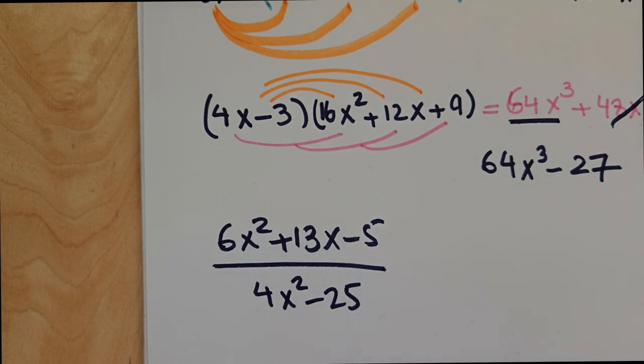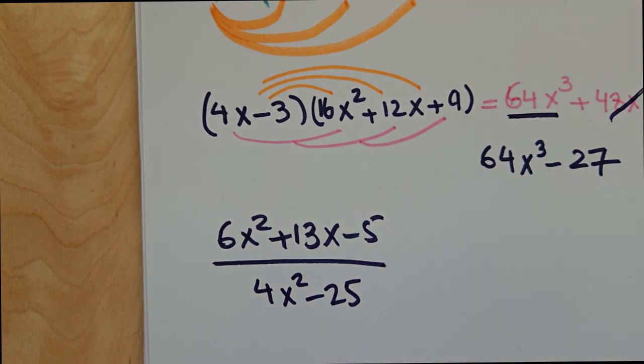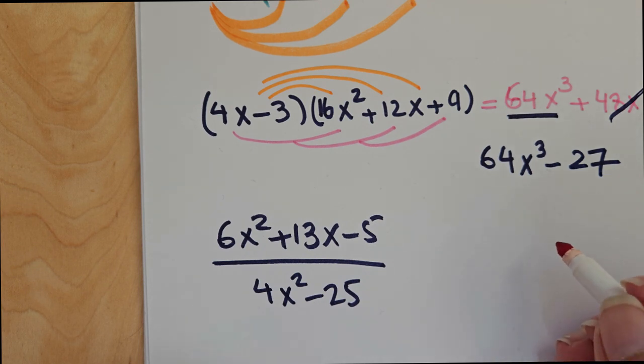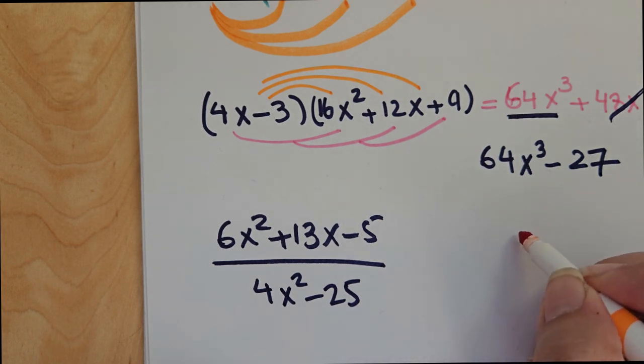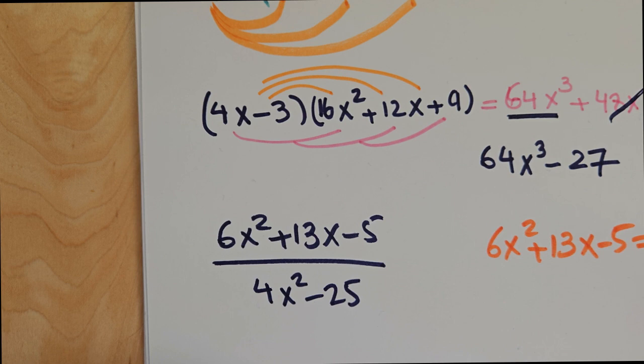Okay, so let's see. So here, I start with considering the numerator, and I write the numerator here, 6x squared plus 13x minus 5. And remember, I want to make it into two brackets.